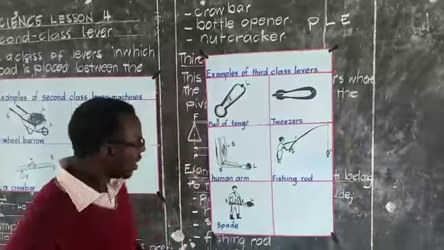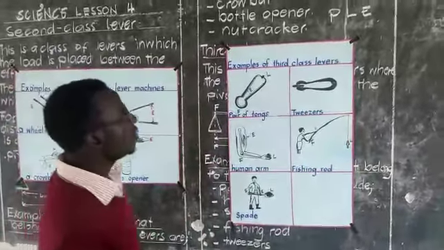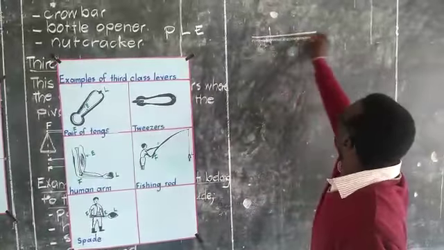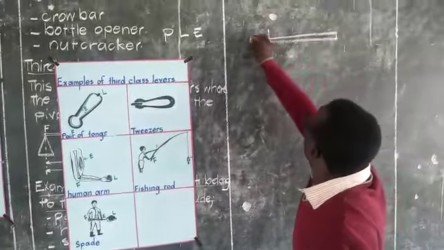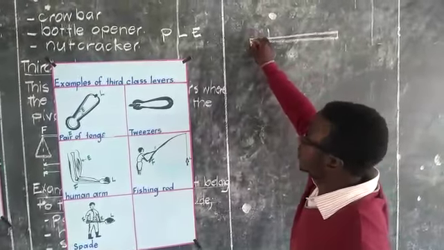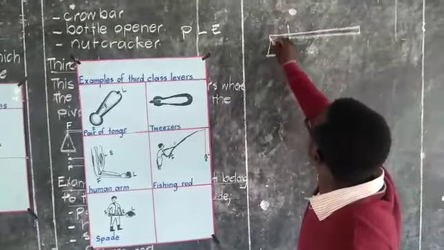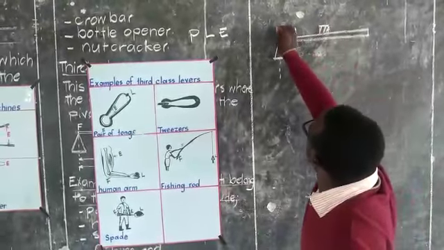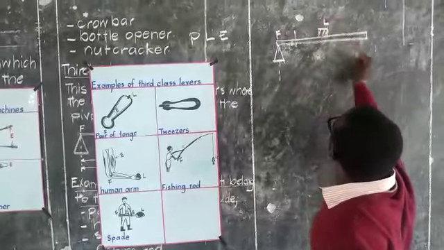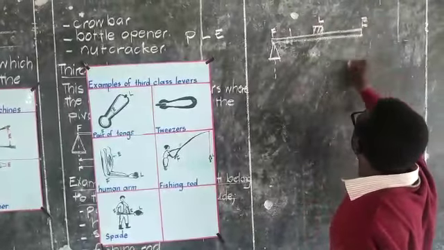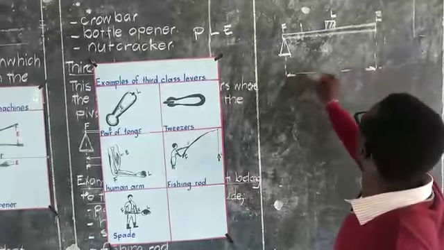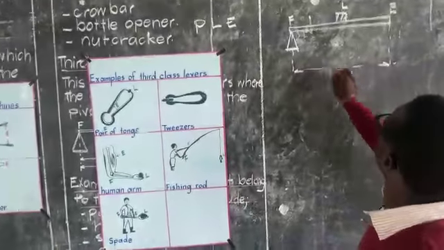So if they draw for you something of this nature, representing a machine where the fulcrum is here, load is here, and the effort is here. This is what we call the effort arm.